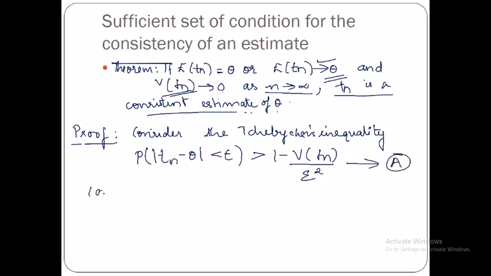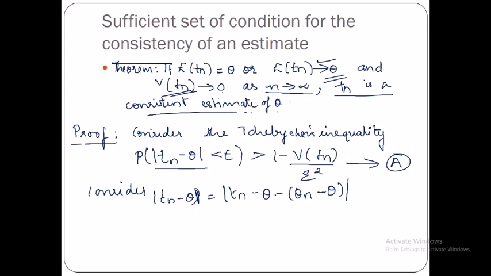Now consider this term, that is modulus Tn minus theta. How will you write this? This is equal to modulus Tn minus theta n plus theta n minus theta. See, is it fine to write like this?